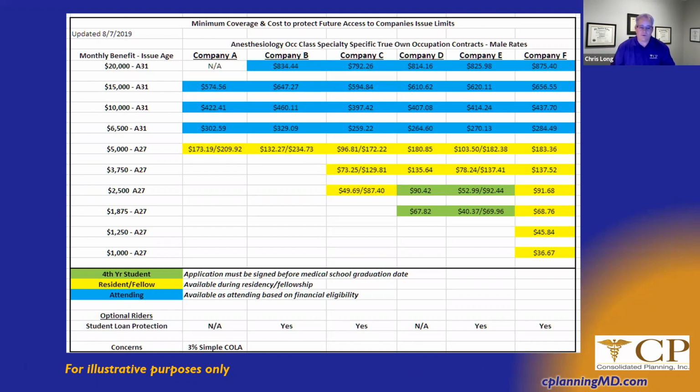So what most of our resident clients do to minimize cost is they go with the graded premium. And then at the end of residency, the companies that offer a graded premium will let you convert it from graded to level with no medical or financial questions. You just start paying a little bit higher premium on the back end than you would have if you'd started out level.